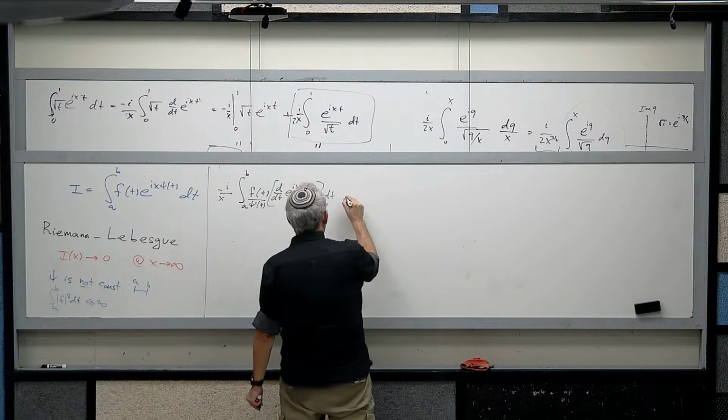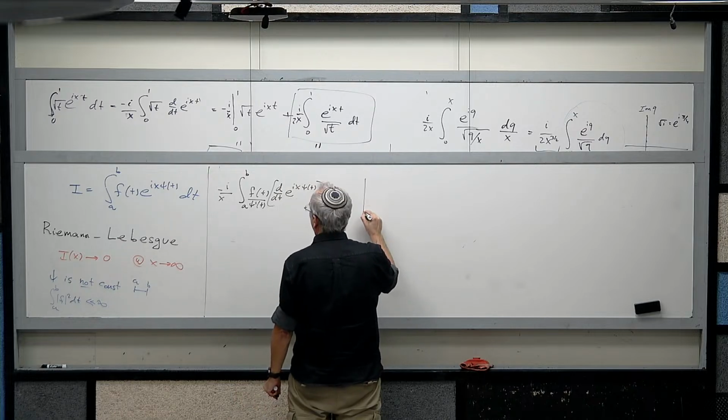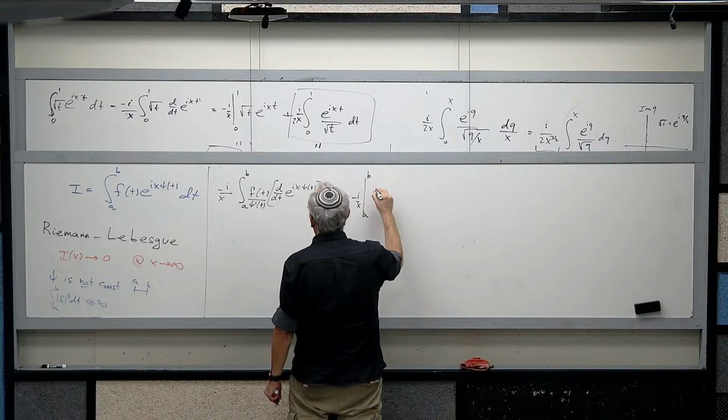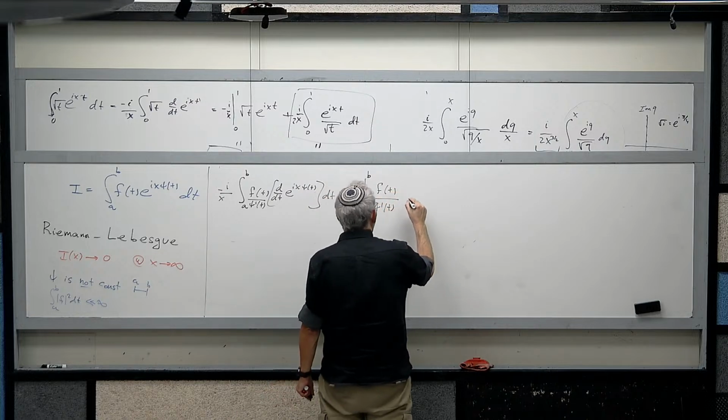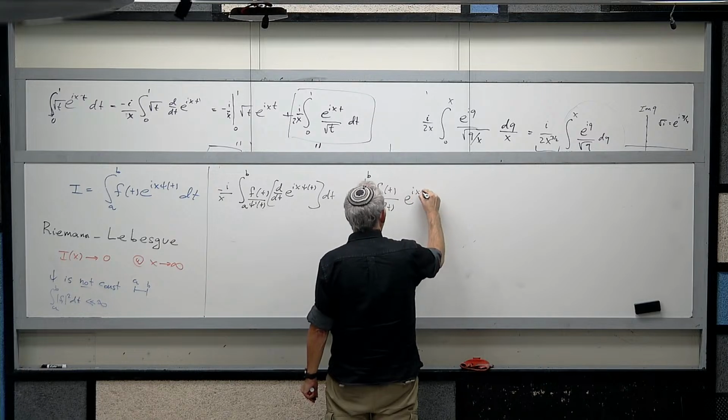Good. And this will give us, as a first approximation, minus i over x, with a and b here, f of t divided by psi prime of t, e to the i x psi of t.